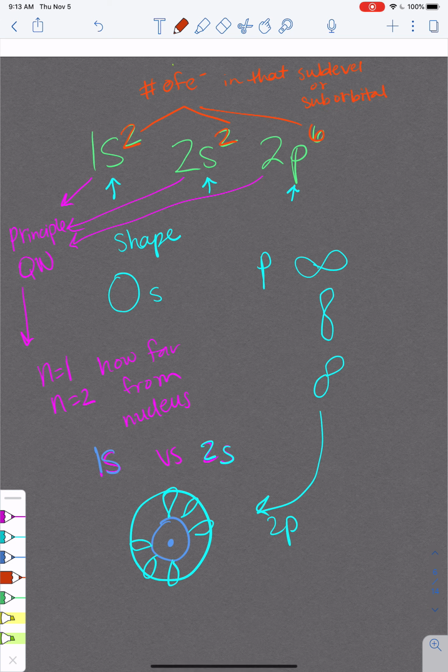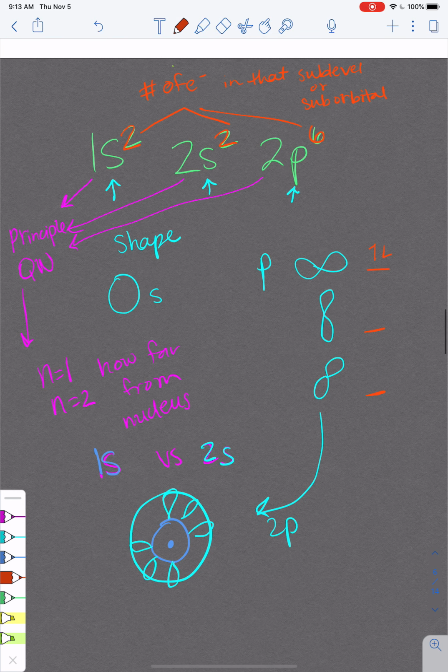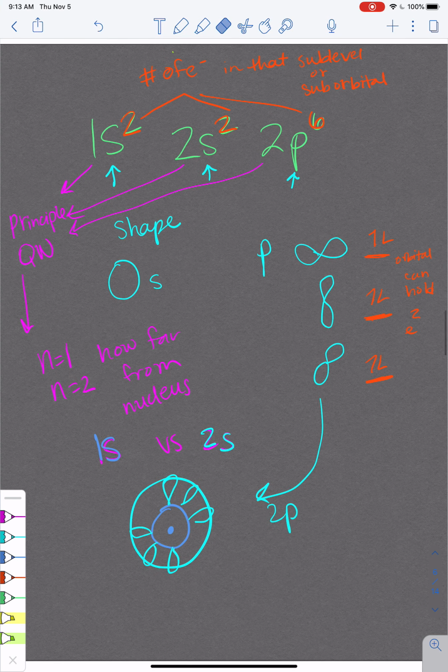Okay, so any p orbital, because you see it has 1, 2, 3 different orientations, any p orbital can hold 2 electrons, okay, because each line like this, each orbital line can hold 2 electrons, okay?